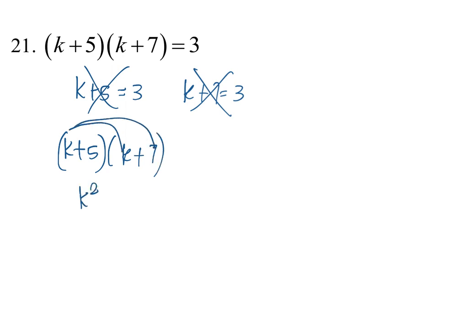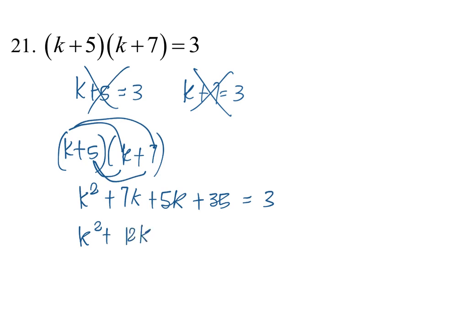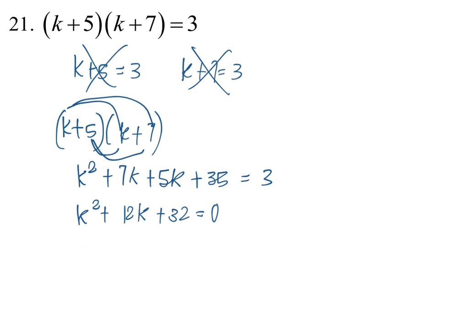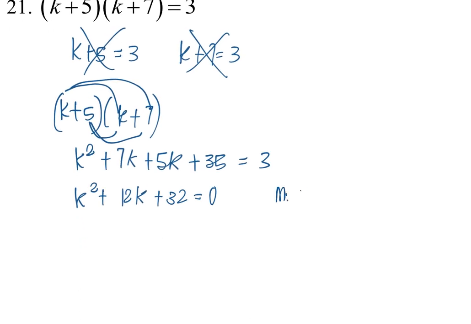That would give me k squared. k times 7 is 7k. 5 times k is 5k. 5 times 7 is 35. And then 35 minus 3 is 32. So now the factors that multiply to give you 32, which is positive, so they'll have the same sign, and that add to give you 12, which is positive.